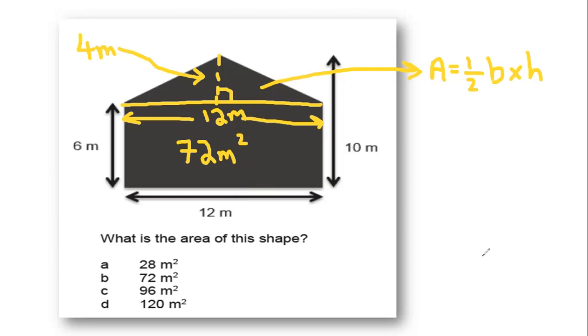All right. So therefore, we're going to find the area of the triangle, which is a half times base times perpendicular height. The base is 12, and the perpendicular height is 4.